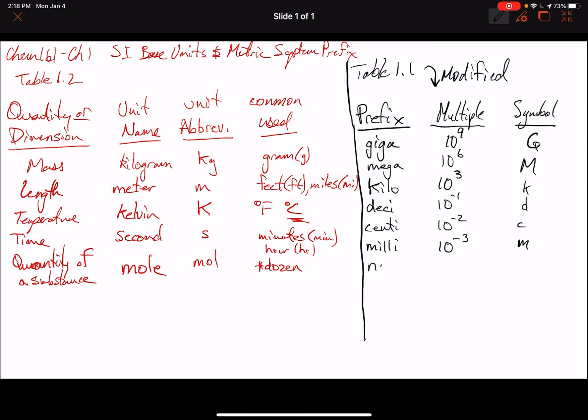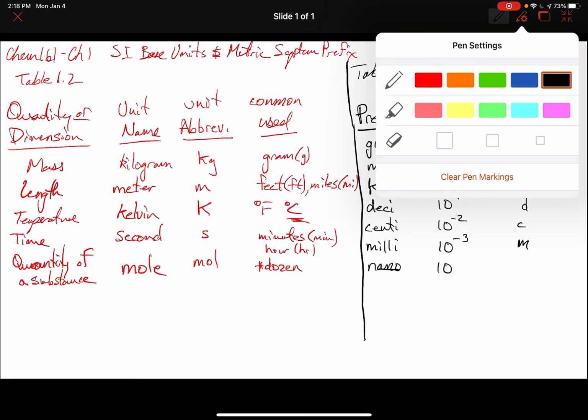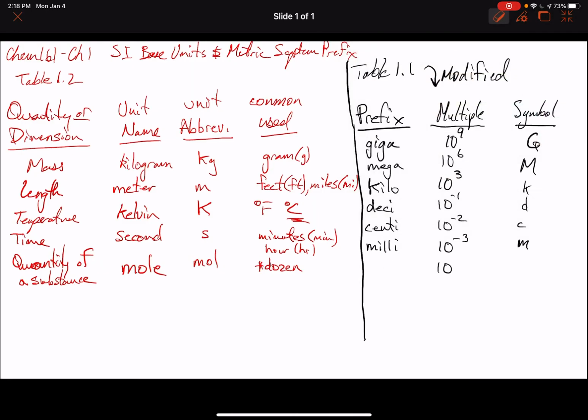Thereafter, we'll use the nano. This is now 10 to the, apologies, I missed one. Missed micro. Micro is our next one. This is 10 to the minus 6.